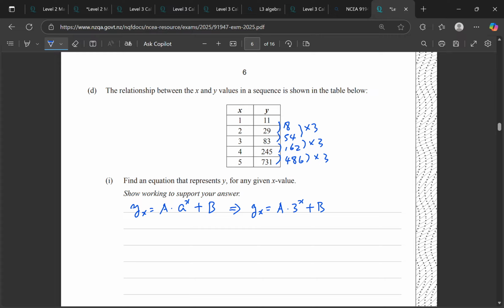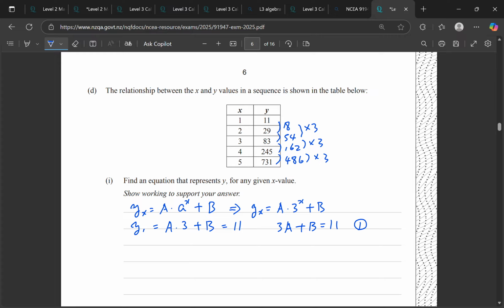And then what it means here, y of x is like when x is 1, because x is the pattern number, right? It equals A times 3 to the power of 1, isn't it? Plus b, and y of 1 is actually 11. So if I rewrite this, 3A plus b equals 11.